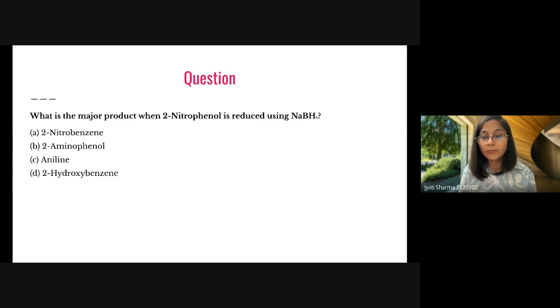So this will give you the 2-aminophenol, because this is the reduction. Reduction means the O will be reduced with the H, so this nitro will be changed into the amino. So 2-aminophenol. B is the right answer.